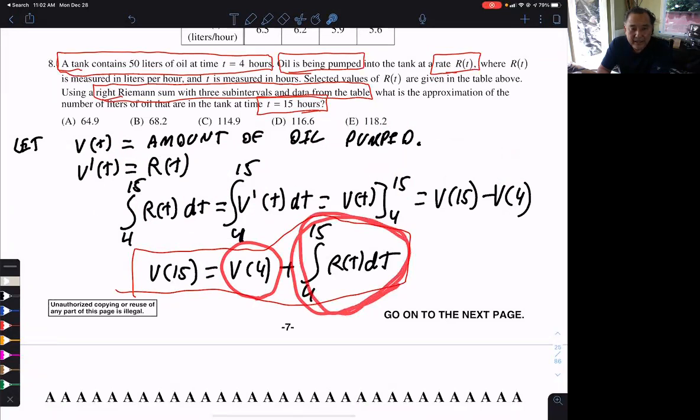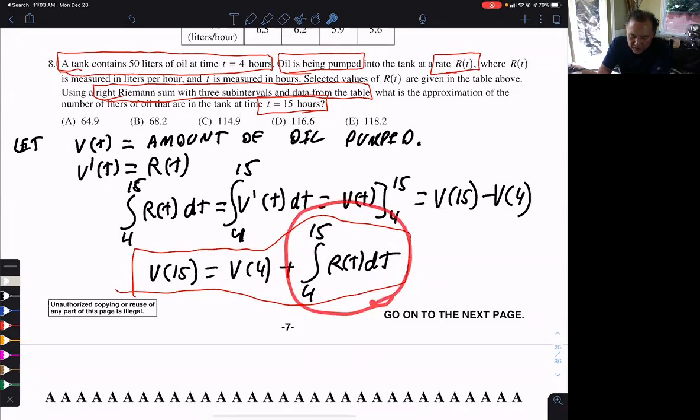If you integrate a rate, it gives you the amount of oil that was pumped. So this should make total sense. You take your starting amount plus the change in the amount of oil, which is the integral of the rate of the amount of oil. So that is how you find the answer.